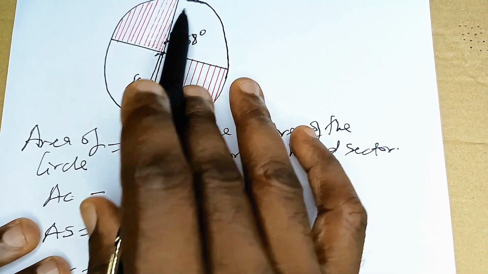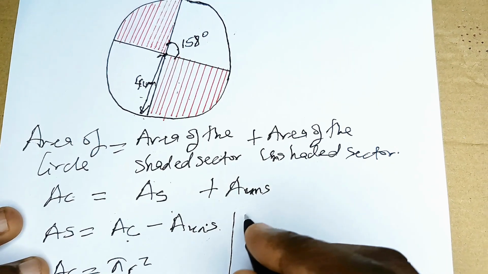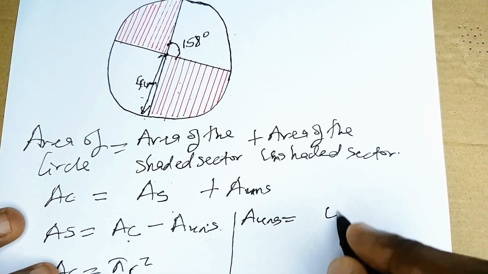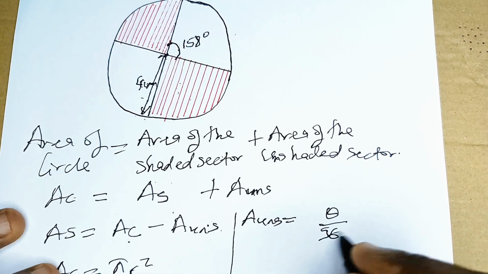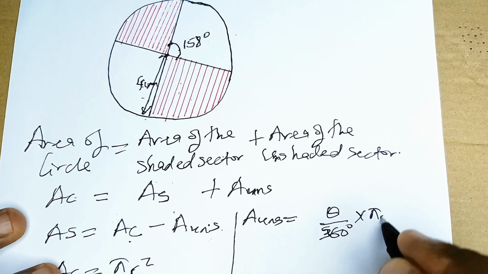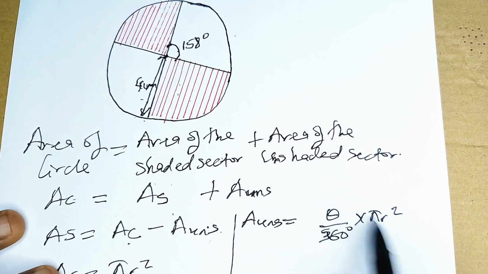Okay. To calculate the area of unshaded, we are given this, and that is a sector. The formula for the area of a sector, which is the unshaded, is theta over 360 degrees times pi r squared, because a sector is a portion of a circle.